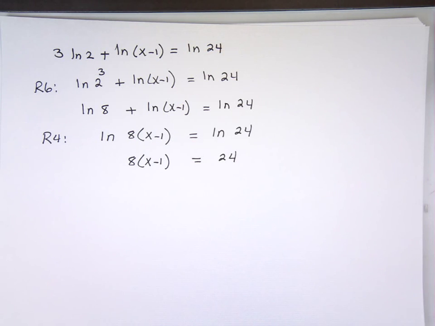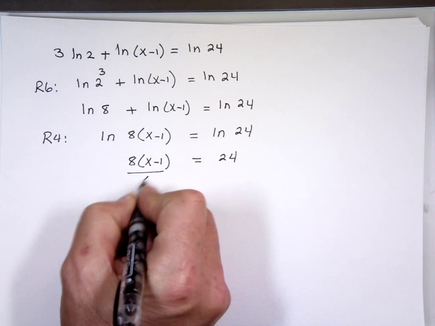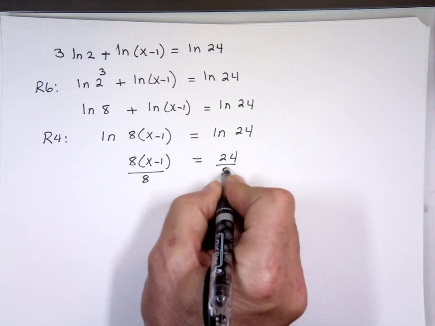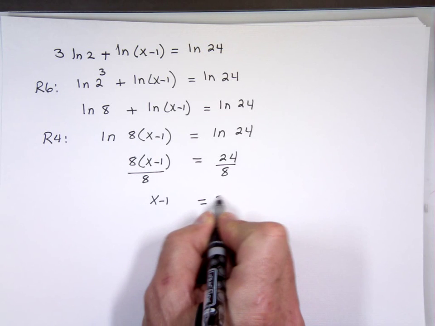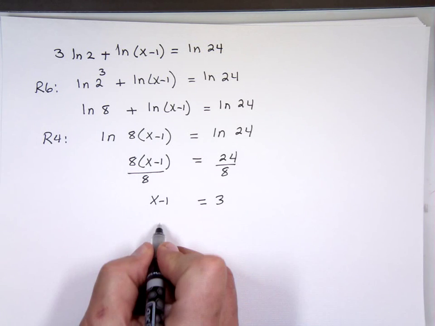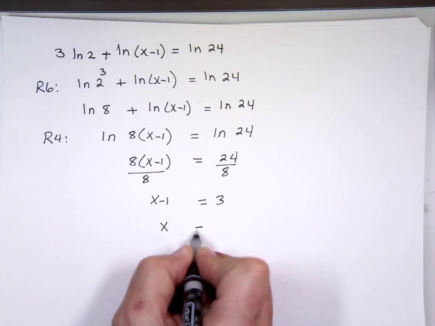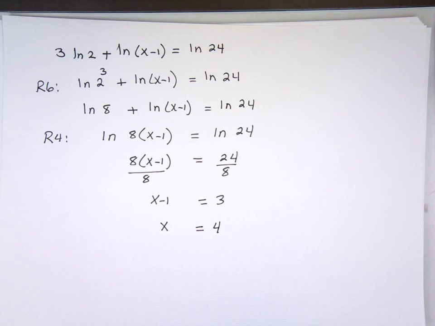Make life easy. X minus 1 equals, what's 24 by 8? 3. Add 1 to both sides, x equals 4. That's why when you have the natural log on both sides, that's not bad.